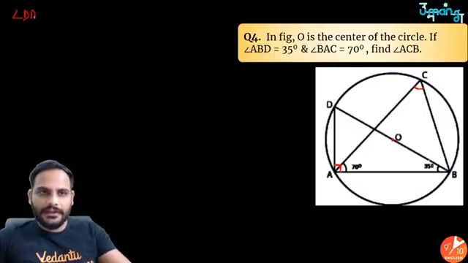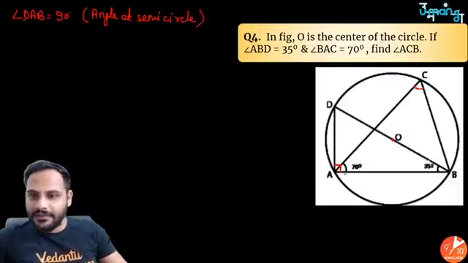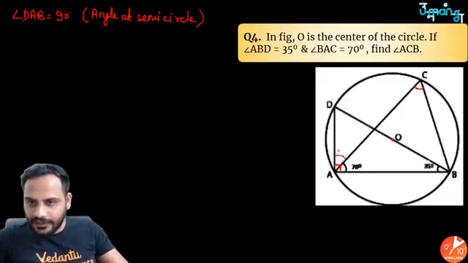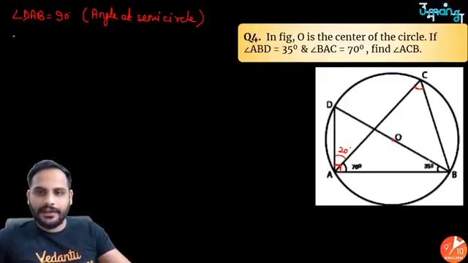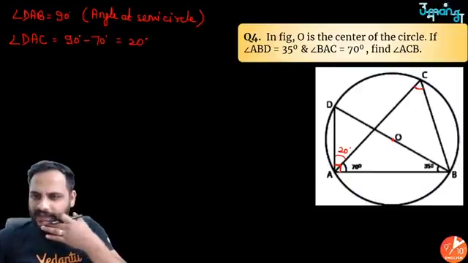Angle DAB must be equal to 90 degrees because it is the angle at the semicircle. If angle DAB is 90 degrees, and this much part is 70, the remaining part will be 20 degrees. So angle DAC is equal to 90 minus 70, which is equal to 20 degrees. Okay, this is 20, but will it help us? No, it won't help.